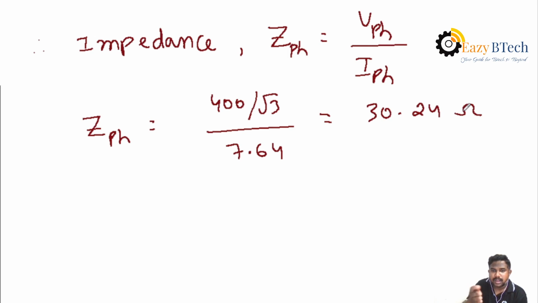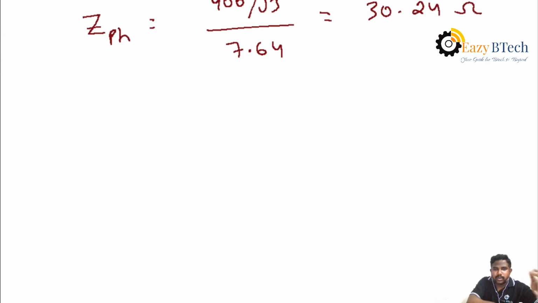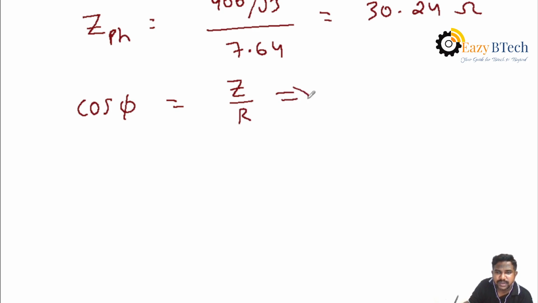In star, it is already a balanced system. That's why all phase impedances are equal. All three phase impedances are equal, 30.24 ohms. Then based on this impedance value, you can calculate the circuit elements. We already know the formula for power factor in terms of circuit elements, cos phi equal to R by Z. From that, the circuit element R is Z into cos phi.